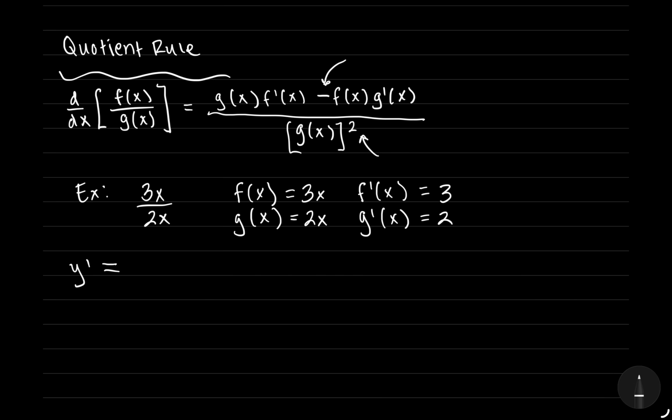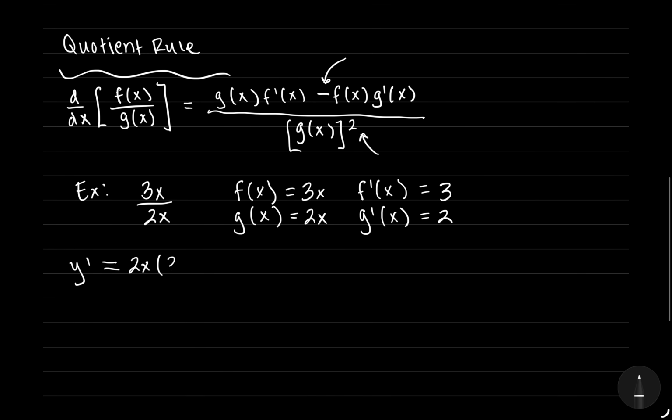So y prime equals, let's plug in our g, 2x times f prime, 3, minus f of x, 3x, times g prime of x, 2, over g of x squared. So that's going to be 2x squared.